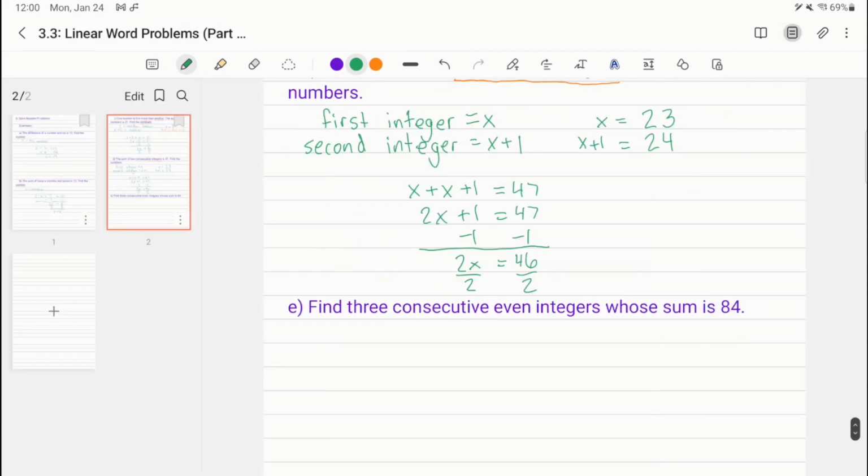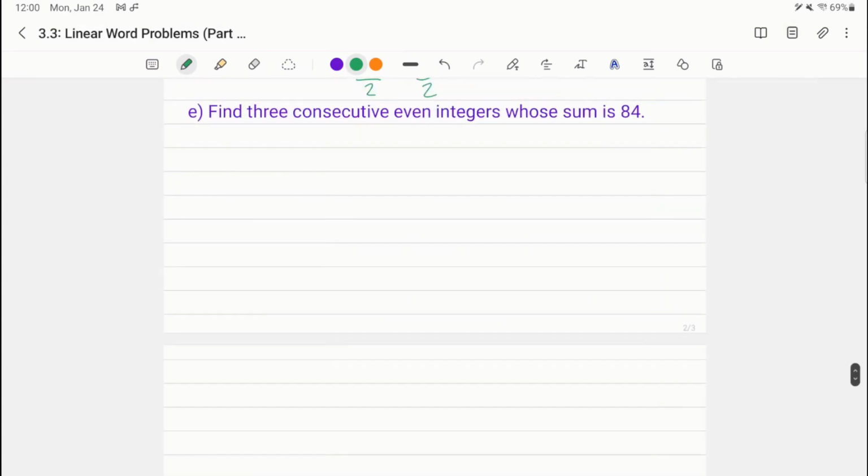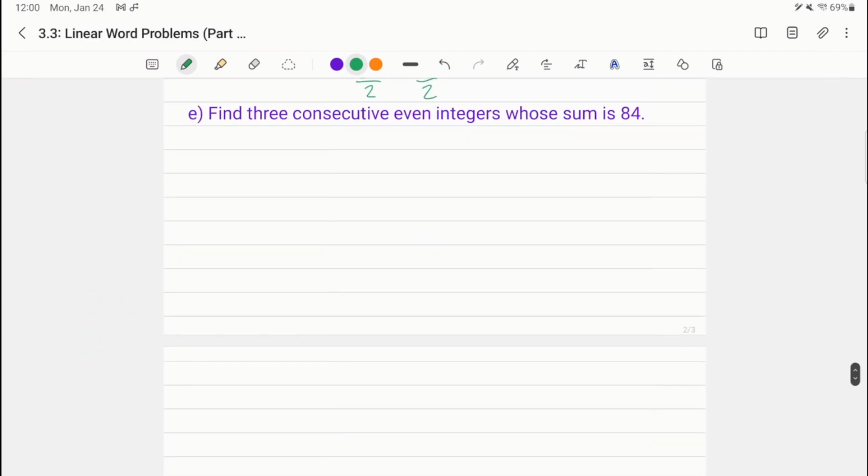Let me add one more page so I have enough room. So for e, we're finding consecutive even integers with the word even added. Well, if you think about even integers, they go 2, 4, 6, 8. So how far apart are even integers? 2 apart.